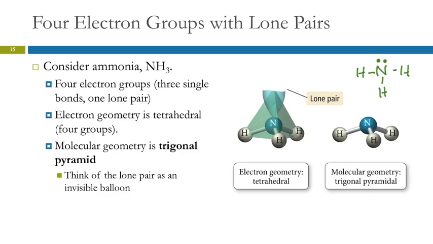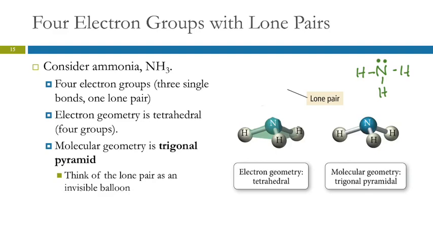So I can make this lone pair invisible. I don't know why that is so fun to do, but it really is. It's invisible. It's not that it's gone. Because if I had 4 balloons and I popped one, would it keep this shape? No, it would go trigonal planar.